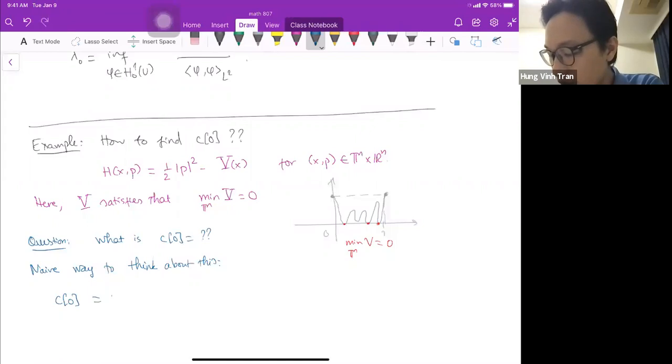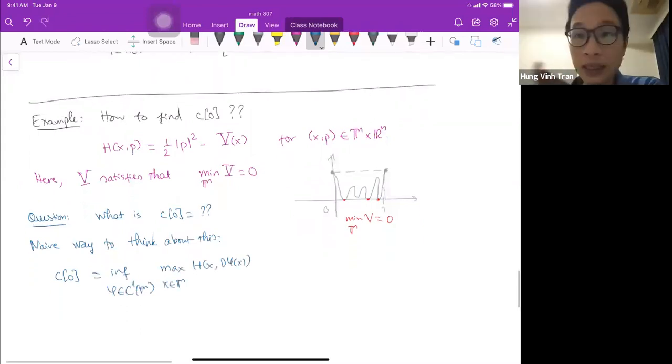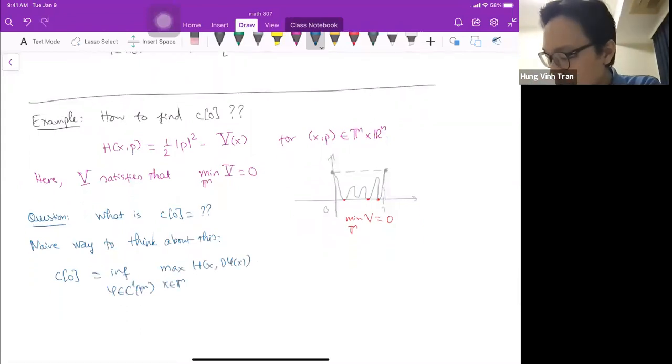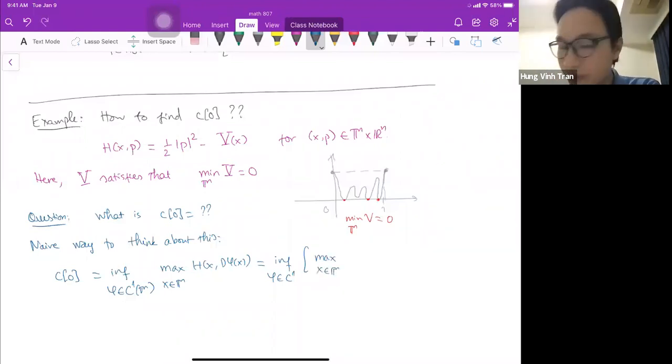So inf over phi in C1 of the torus and max of x in the torus of h of x, d phi x. Because we have an explicit form of the Hamiltonian, this can be written as inf over phi in C1 and max of x in the torus of 1/2 d phi x squared minus v of x.